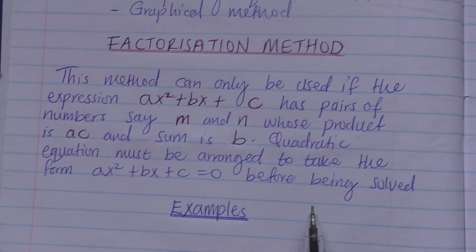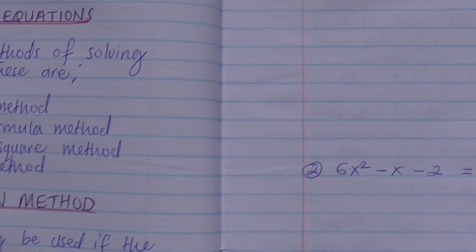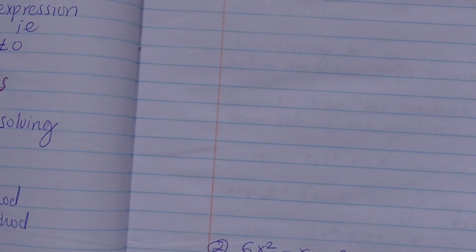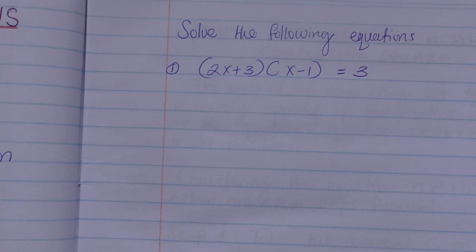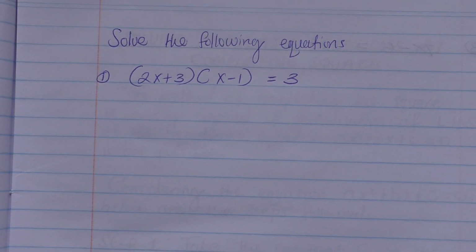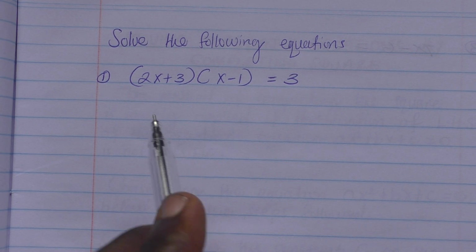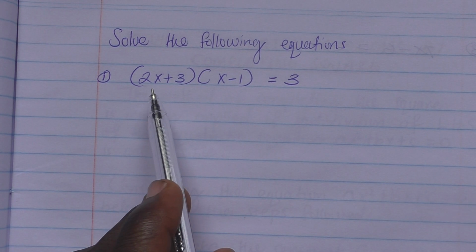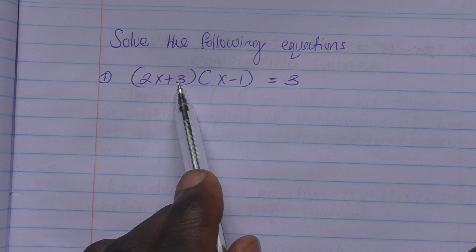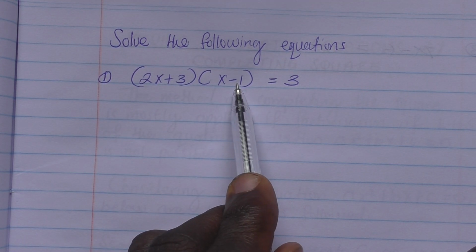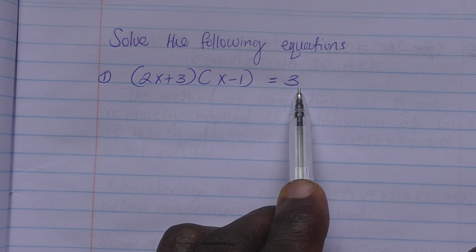Let's look at examples. In our first example, example 1, we are told to solve the following equations. Number 1 is 2 brackets of 2x plus 3 and x minus 1 equaling to 3.